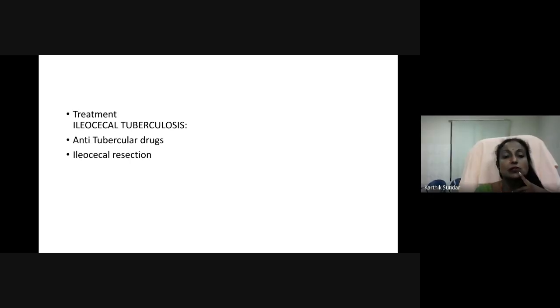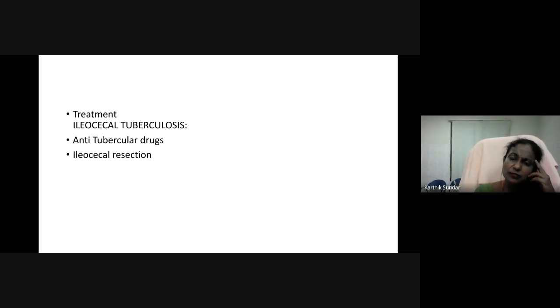Ma'am, with this treatment itself, it gets healed, ma'am. Suppose it doesn't. If it doesn't heal, if it leads to any complications, we'll do surgery, ma'am. What complications? Complications, obstruction, perforation, bowel obstruction, perforation.